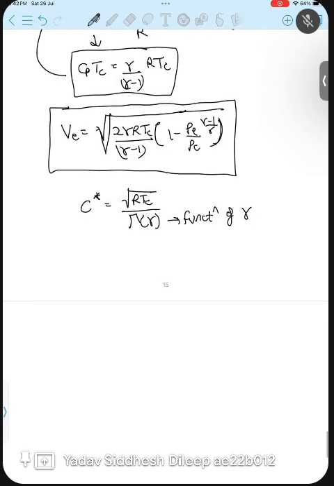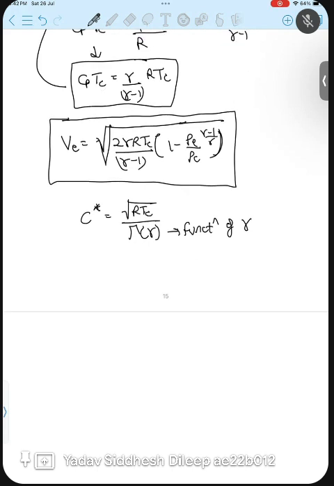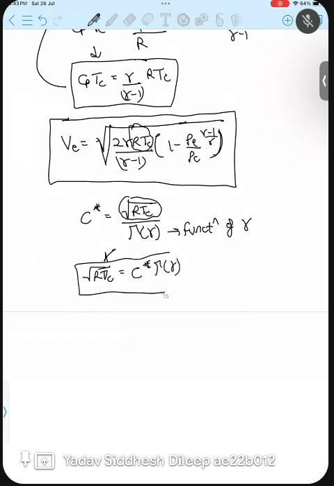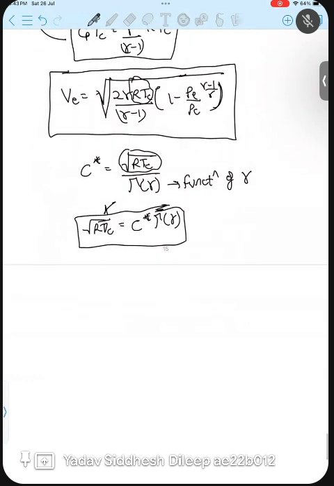So this square root of R Tc can be written as C star into a function of gamma. Now at the end you will get a beautiful equation.